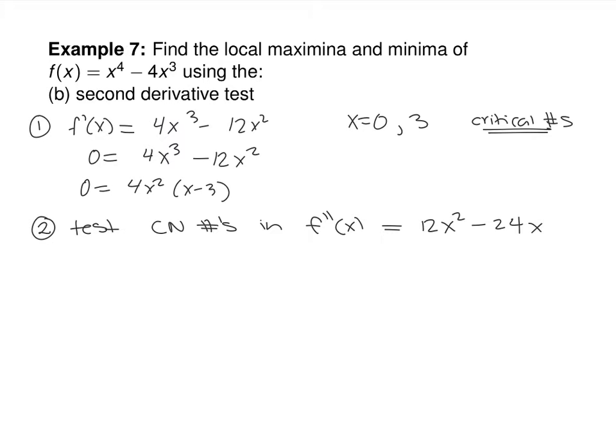So if we test, let's just do f double prime of 3 first. Actually, I like Rachel's way. You said 12x times x minus 2, right? So that'd be 12 times 3 times 3 minus 2.